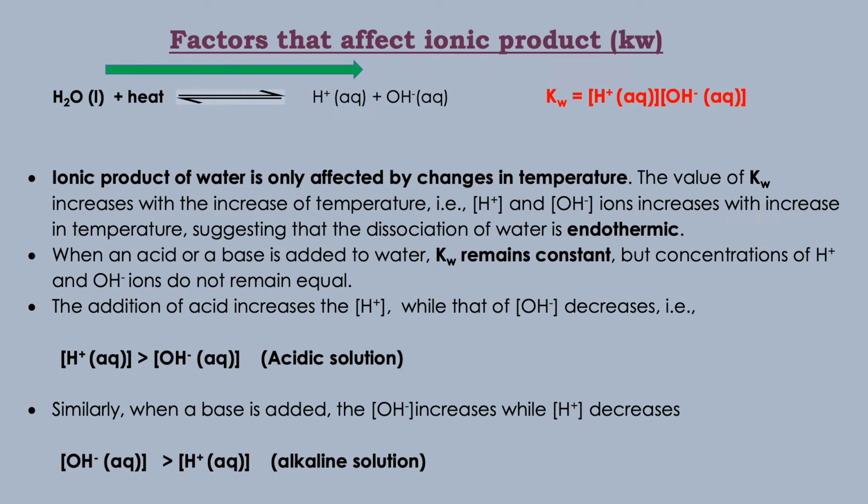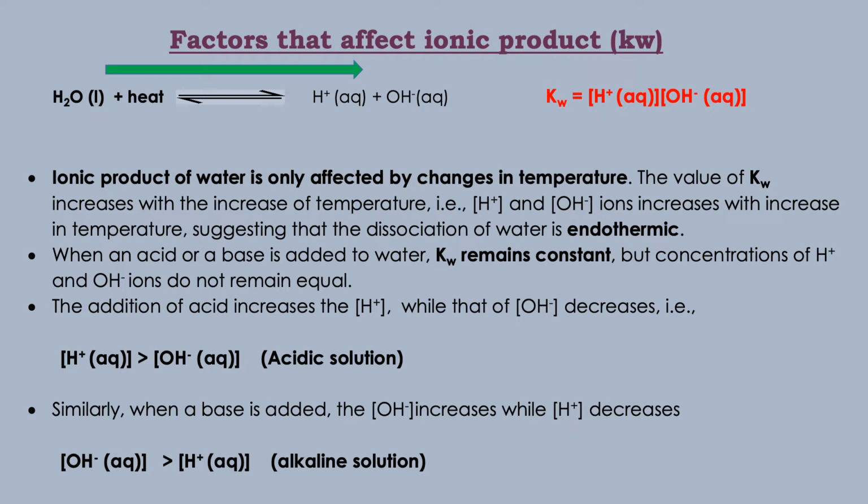We know that Kw increases with increase in temperature, which means both the H+ ion concentration and OH- ion concentration increase when temperature is increased, which shows that the equilibrium shifts to the right when temperature is increased, suggesting that the dissociation of water is endothermic.